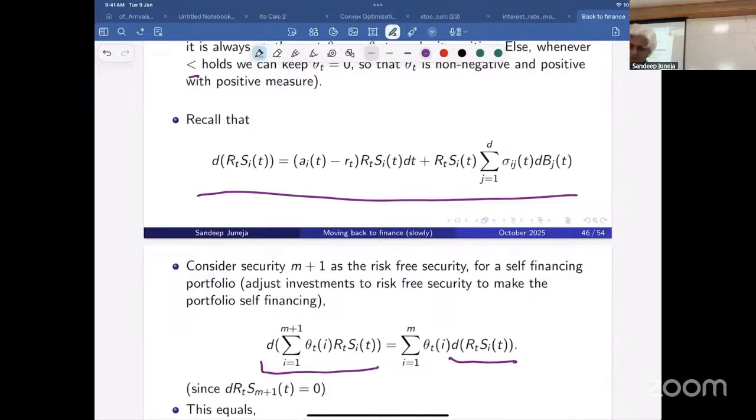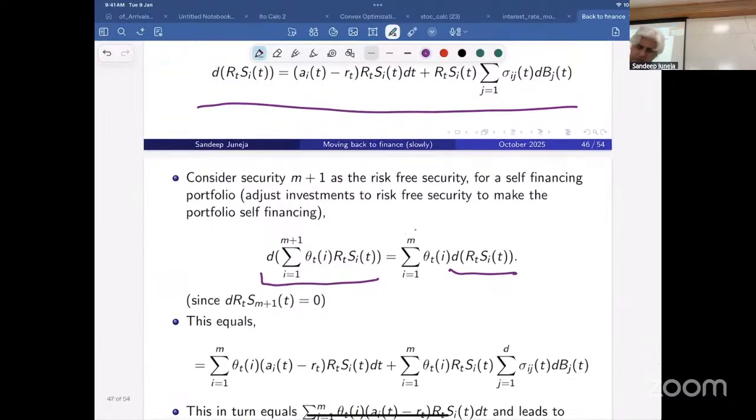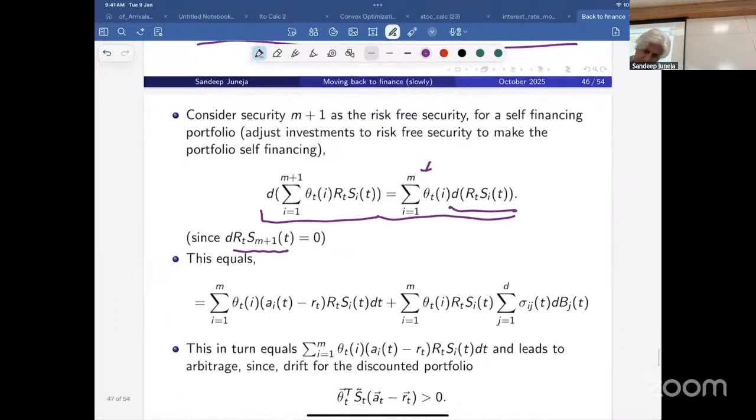The only thing I'm not keeping here is the M plus first term, because d of R t S M plus 1 t is just the money market. So R t into S M plus 1 t is equal to a constant, and d of that is 0. So this relationship is true. And now I'll just argue that this portfolio that I've constructed gives me arbitrage. So I come back here and look at this portfolio that I've constructed.